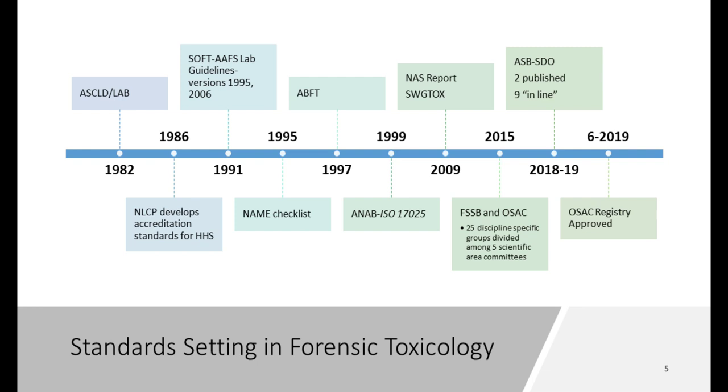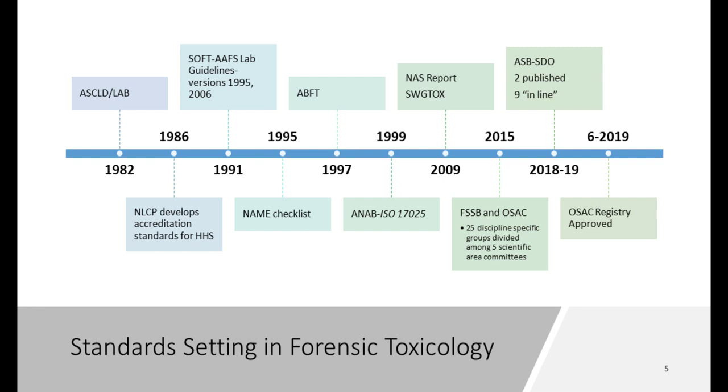And in 2015, the Forensic Science Standards Board and the Organization of Scientific Area Committees was founded at NIST. This is 25 forensic discipline-specific groups, divided among 5 scientific area committees.